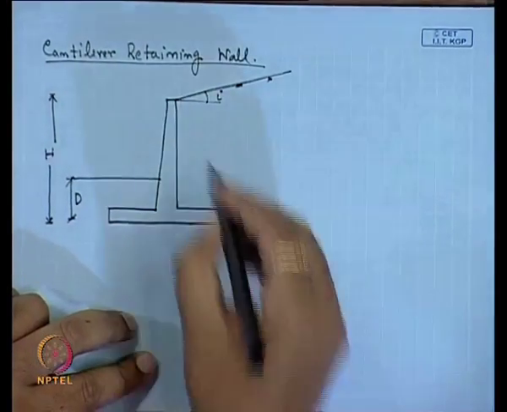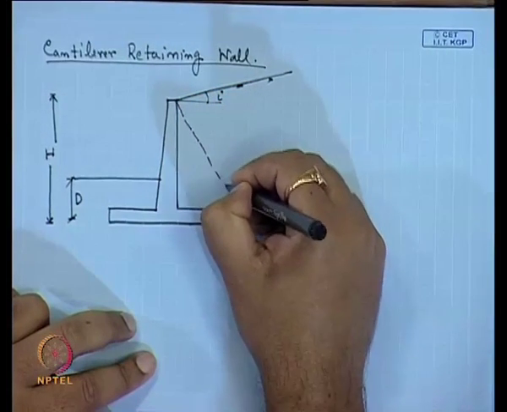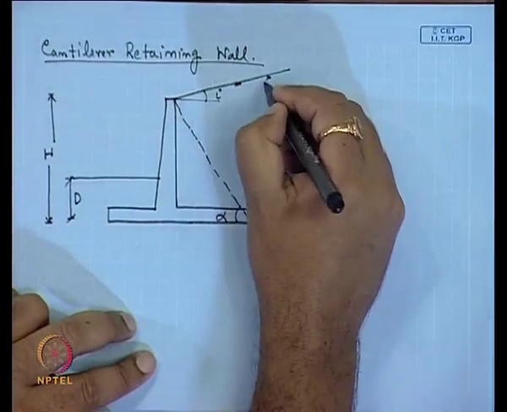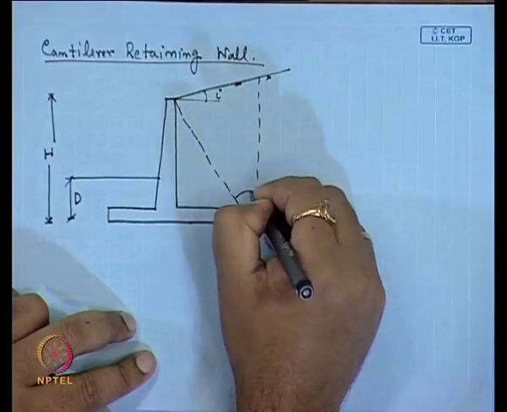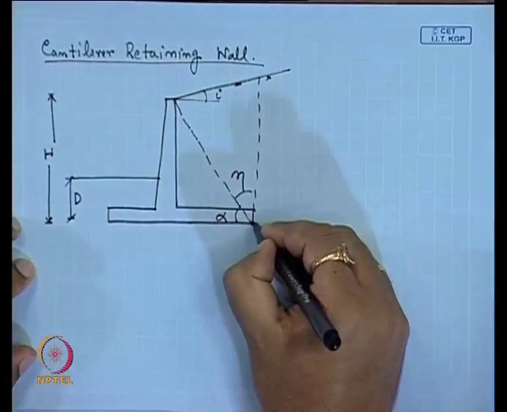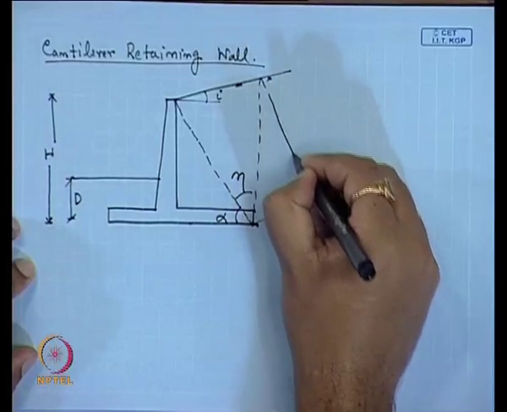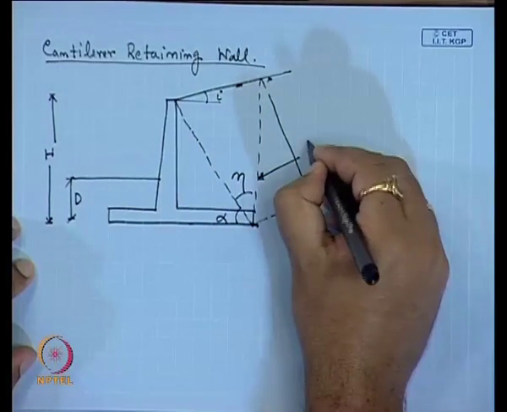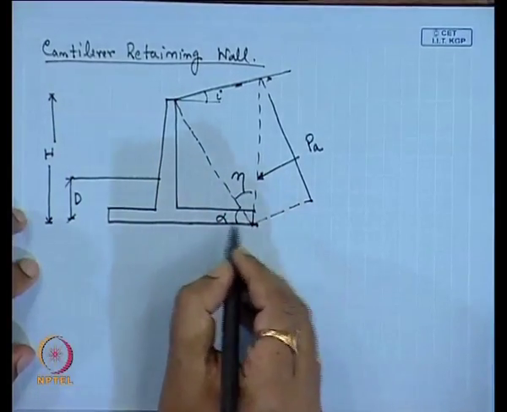Now, again if I consider the Rankine expression, then if we join this line, this will give you the H, and if I join the vertical line, now this is the earth pressure distribution. So, this P A will act parallel to the ground line.